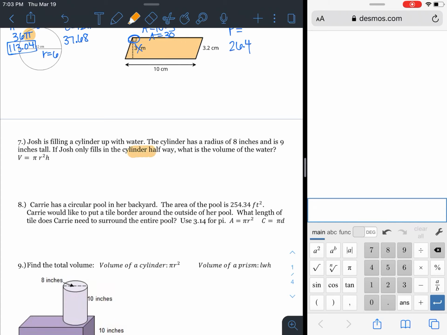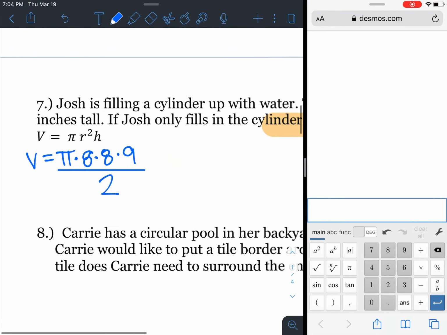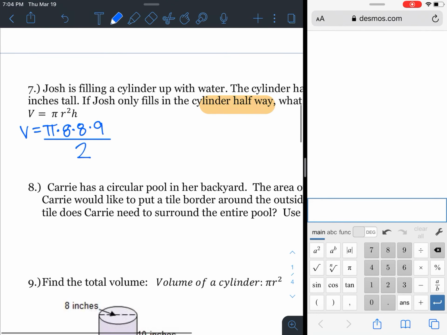You're only going to fill up the cylinder halfway. So once you find your answer, we have to divide by 2. The radius is 8, and then the height is 9. So volume equals pi times 8 times 8 again, because it's squared, times 9. And then we're going to divide by 2, because we're only filling it up halfway.